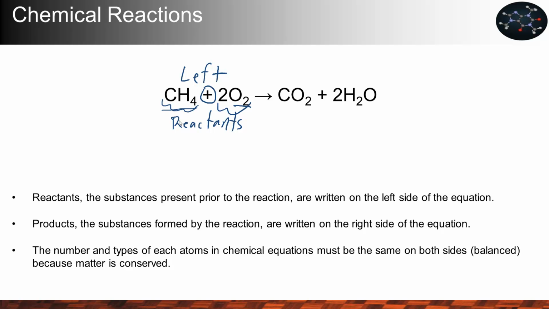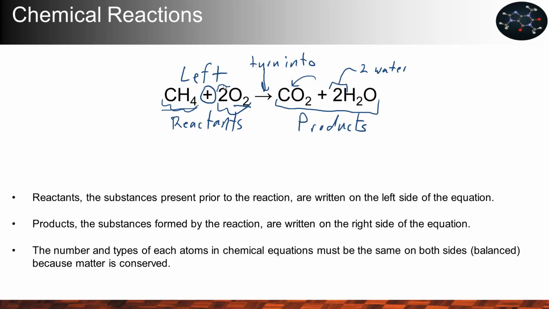And these reactants then, arrow, meaning turn into the products, which are everything on the right side of the reaction, which in this case are carbon dioxide and water. These coefficients mean I have 2 waters, 2 molecules worth of water every time I get, ratio-wise, 1 carbon dioxide made.